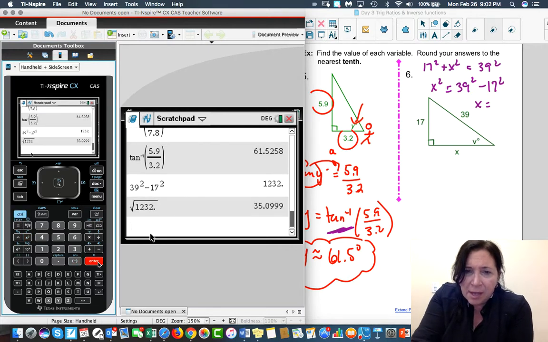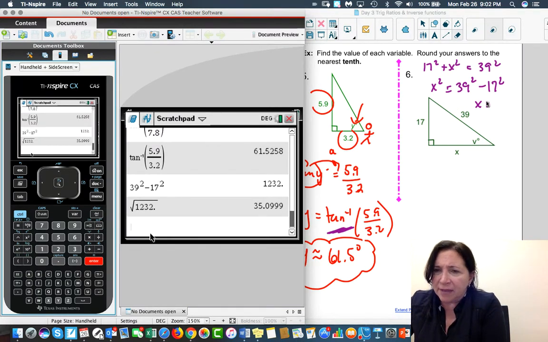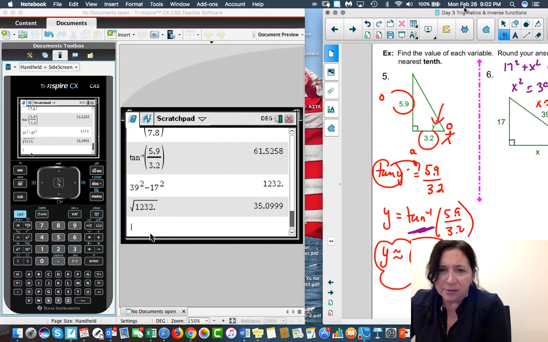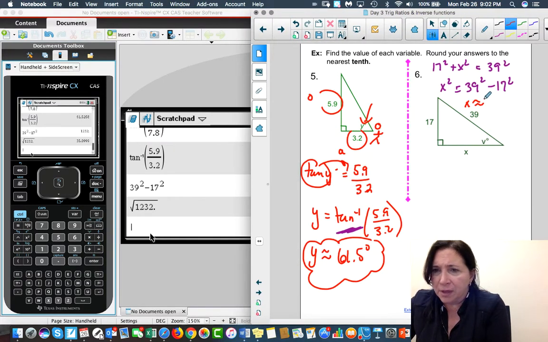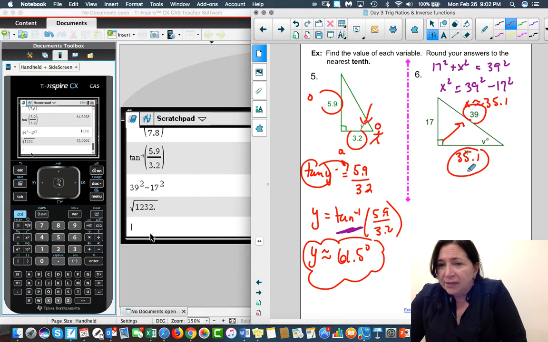But I get 35.1. So x is about 35.1. So that's x. So x is 35.1, which, by the way, is reasonable because remember, the side opposite the right angle has to be my biggest side. And it is because this is less.